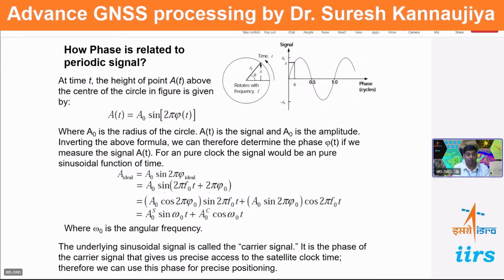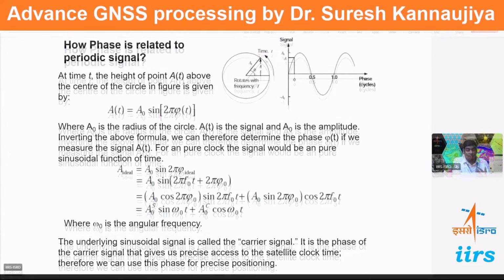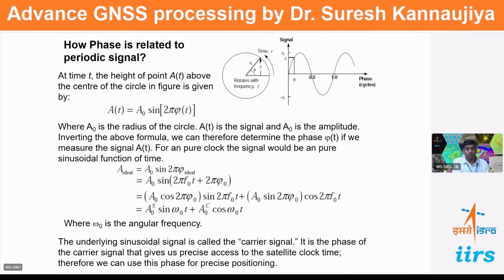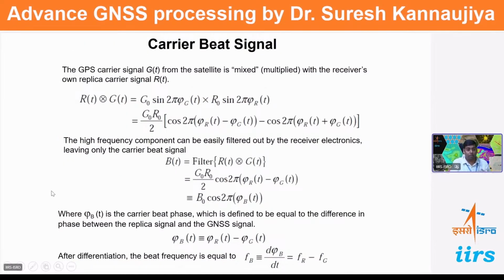So this is the formula we use to derive the sinusoidal variation of the GPS signal. And when we multiply this carrier wave signal with the replica signal, you can see we are doing mixing of the replica signal and the GPS carrier wave signal.